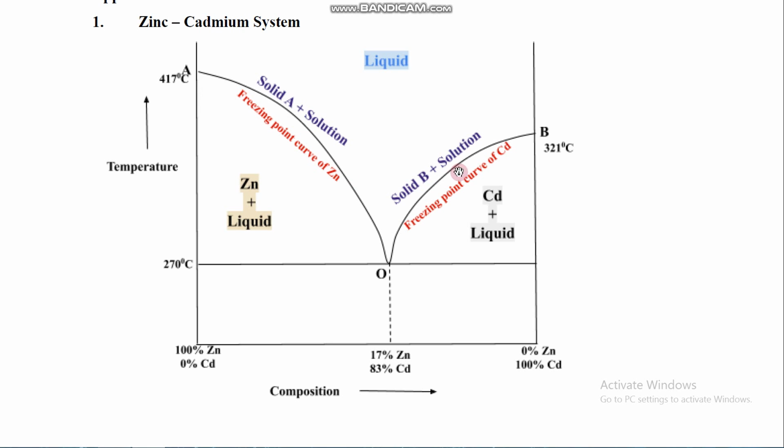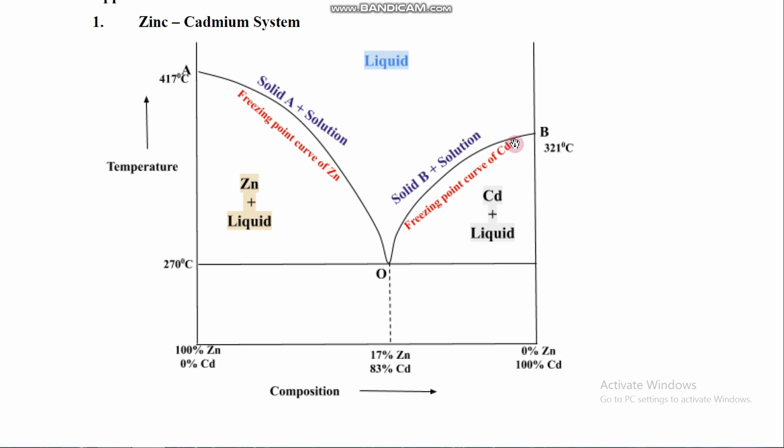Similarly, point B represents the melting point of cadmium, 100% cadmium. This is the melting point of cadmium, 321 degrees Celsius. When you add zinc here, the melting point of cadmium goes on decreasing along the curve BO. So this is called the freezing point curve of cadmium.